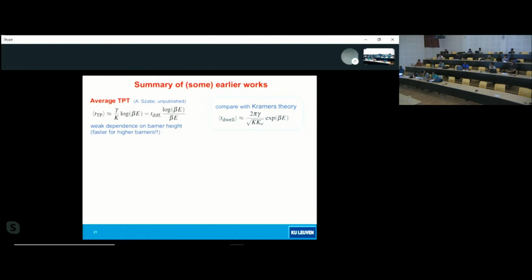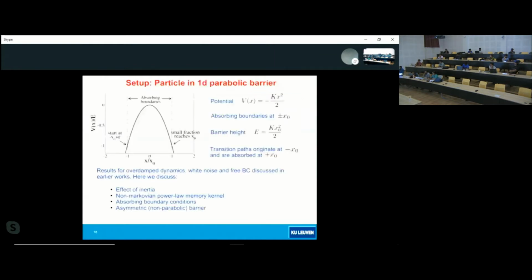This is because if we go back to the shape of the barrier, unfortunately I cannot use my pointer now, but from that side, if the barrier is very high, only a tiny fraction of the walks survive. Of course, a very small fraction reaches the opposite side, crosses actually the barrier. The large majority of the walks are absorbed and die, okay?